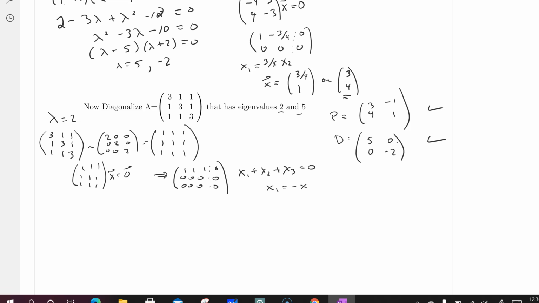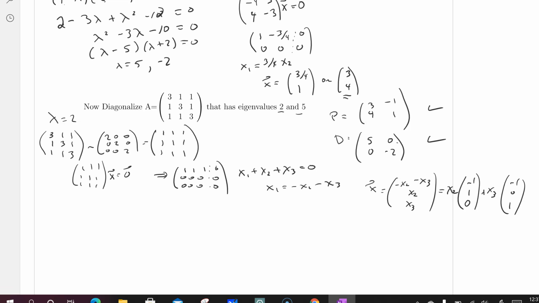So x1 is negative x2 minus x3. Remember, I'm trying to find the vector x. So I would get negative x2 minus x3, x2, x3. If I factor an x2 out, I get negative 1, 1, 0. And if I factor an x3 out, I get negative 1, 0, 1.